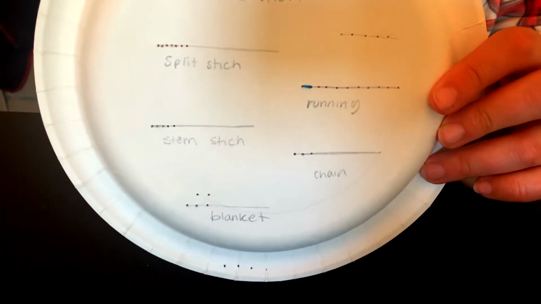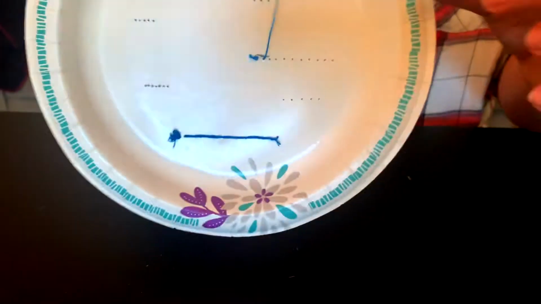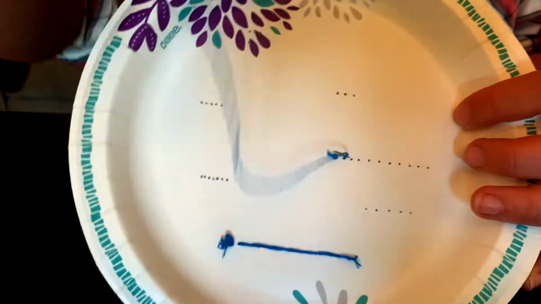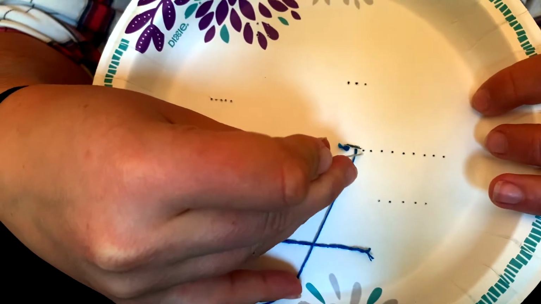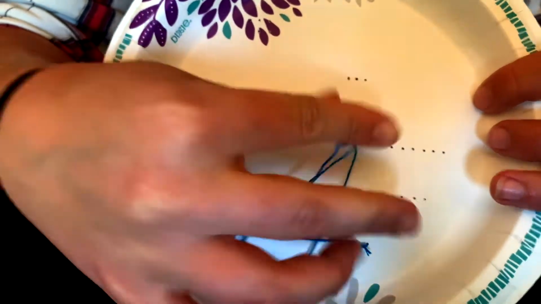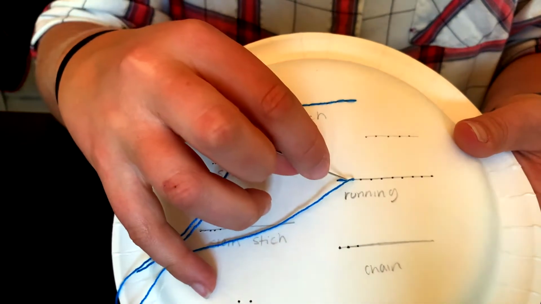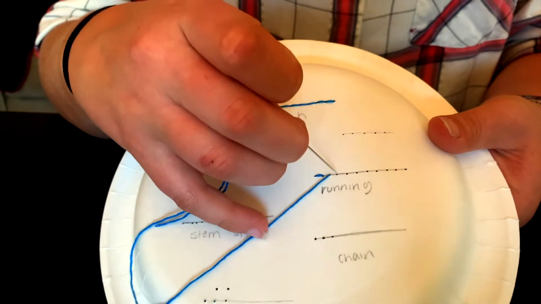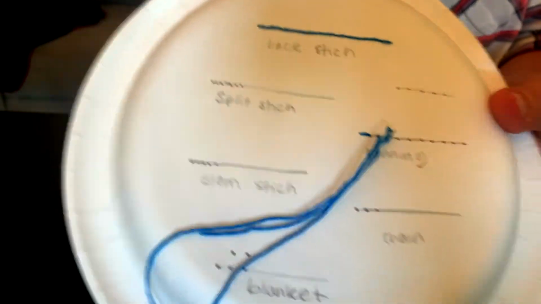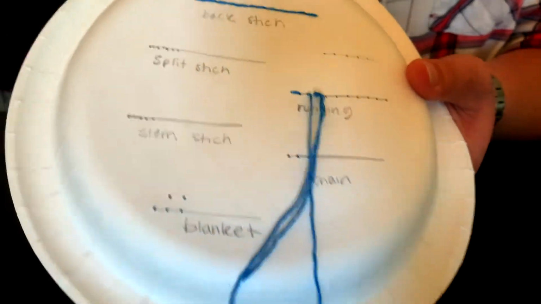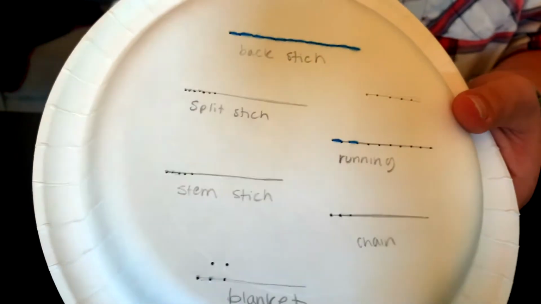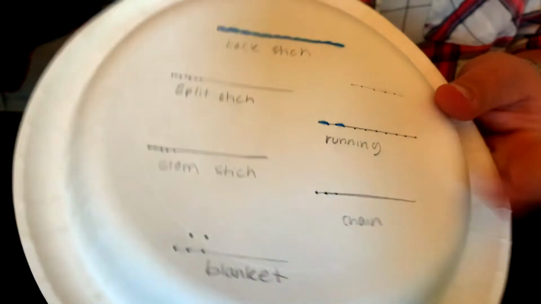Come back through on the back side. So this is what it looks like on the back. We're gonna go back through this hole, comes out in the front. And instead of going back, doing a back stitch, I'm just going to go to the next hole. So there actually will be a little space between each stitch.